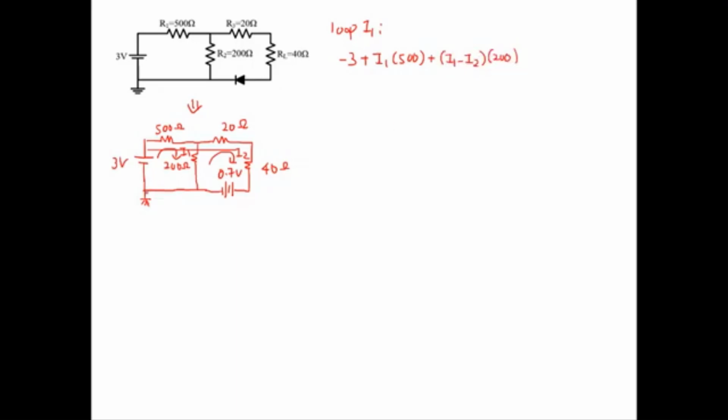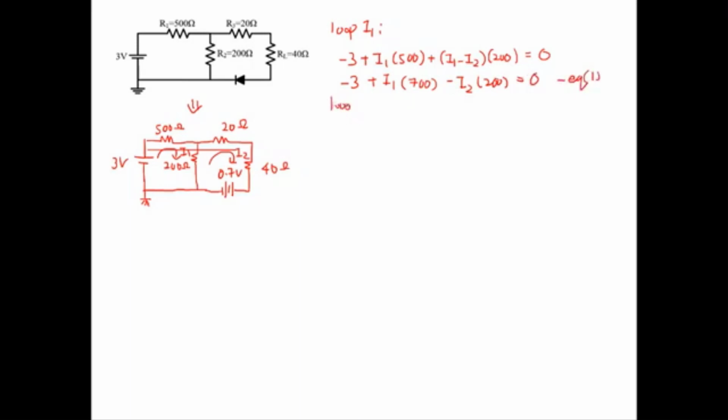Then we have completed the loop, so this is equal to 0. You can simplify this and you should get -3 plus I1 times 700, minus I2 times 200. This is equation 1.